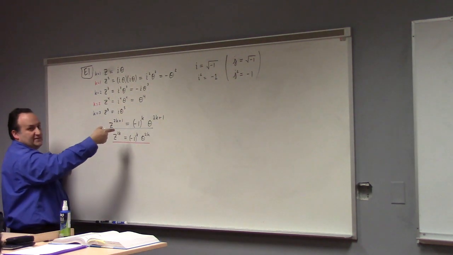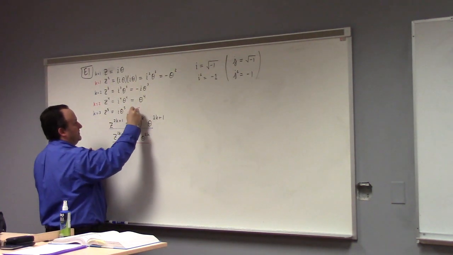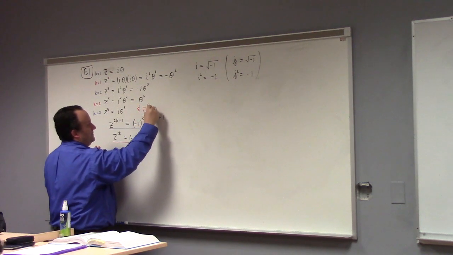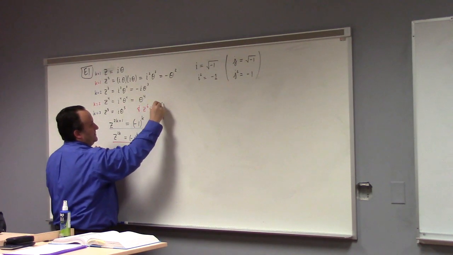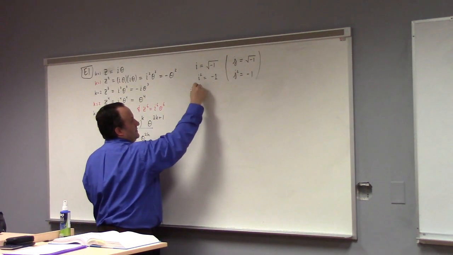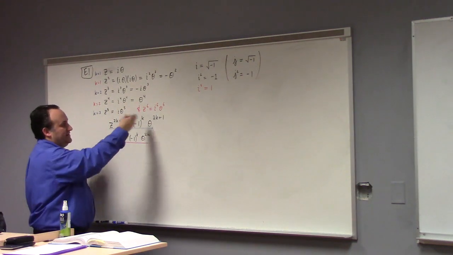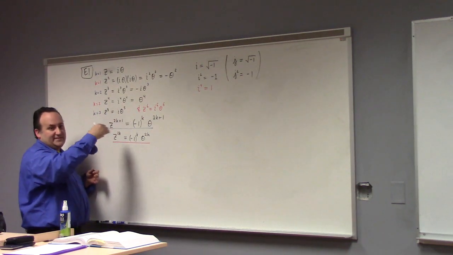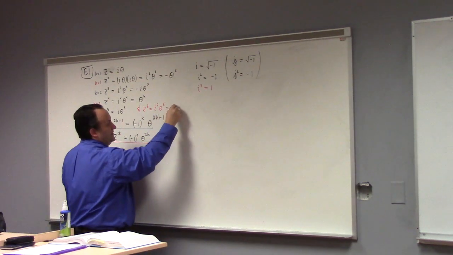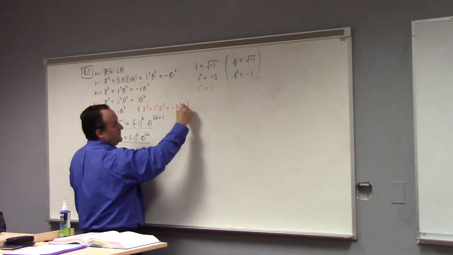Next up, you'd have z to the 6th, which is equal to i to the sixth, theta to the sixth. But the key idea here is that i to the fourth is equal to 1. So when you have i to the sixth, it simplifies to i squared, but i squared is minus 1, so you get minus theta to the sixth, right? So anyway, that's k equals 2 for this formula.